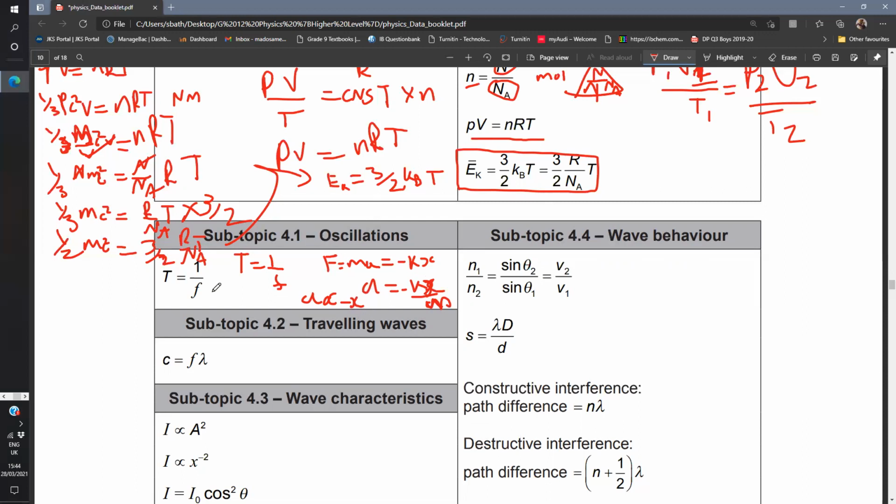In addition, ET, or the total energy, is going to be equal to EP plus EK, which is equal to EK or EP at the maximum point. So if you draw a graph, it's going to be just a straight line. That's ET. Okay, and this moves us on to traveling waves. So basically, this is a wavelength.